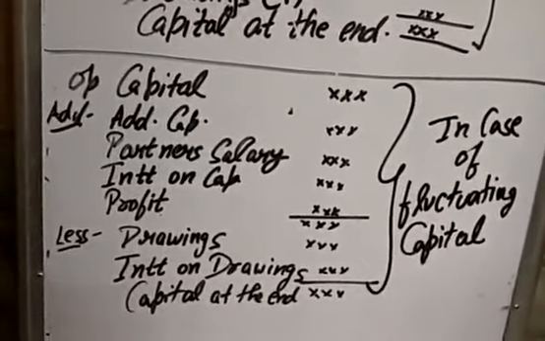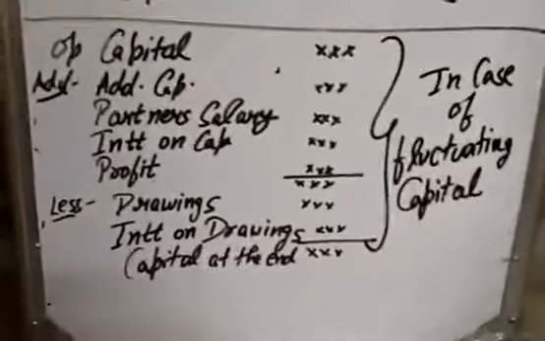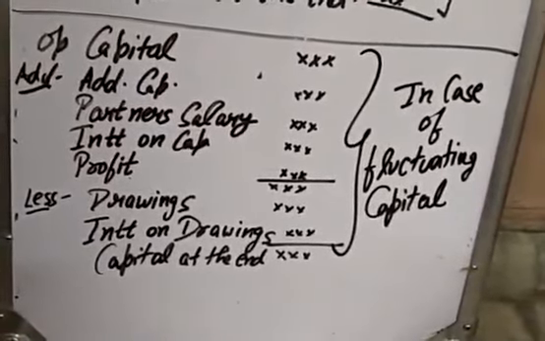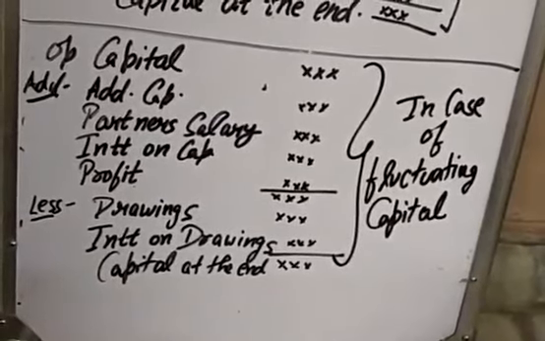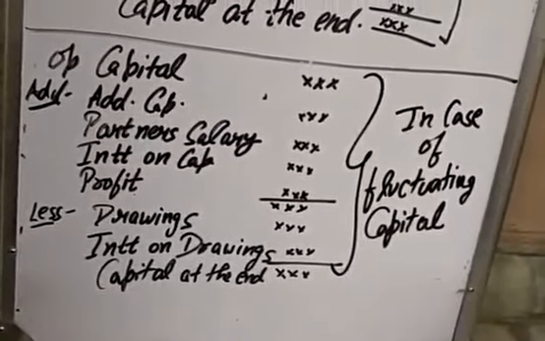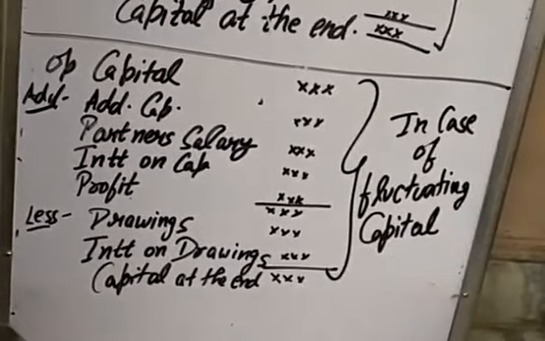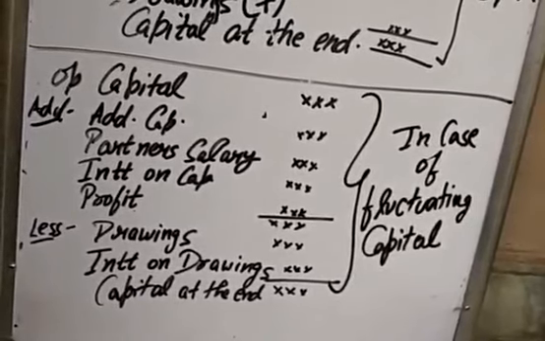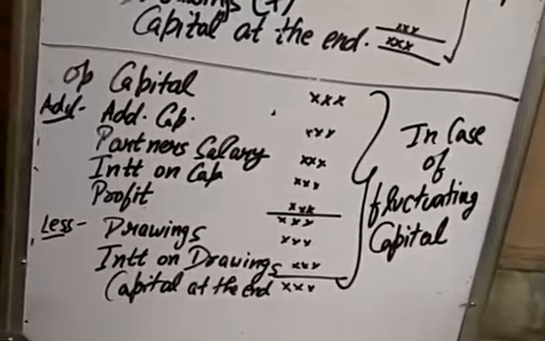Drawings and interest on drawings. We have done it earlier also when we were making the fluctuating capital method. We add all the things which are income for the partners, and we deduct all the things which are expense for the partners. For example, we write additional capital, salary, interest on capital, profit on the credit side of the partners' capital account, and we write drawings and interest on drawings on the debit side of the partners' capital account, right?